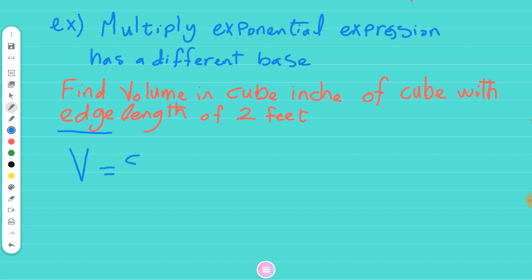So I can say side times side times side, which is equal to side to the power 3. By substituting the side with 2 feet, the volume equals 2 to the power 3. What? Feet or cubic feet.